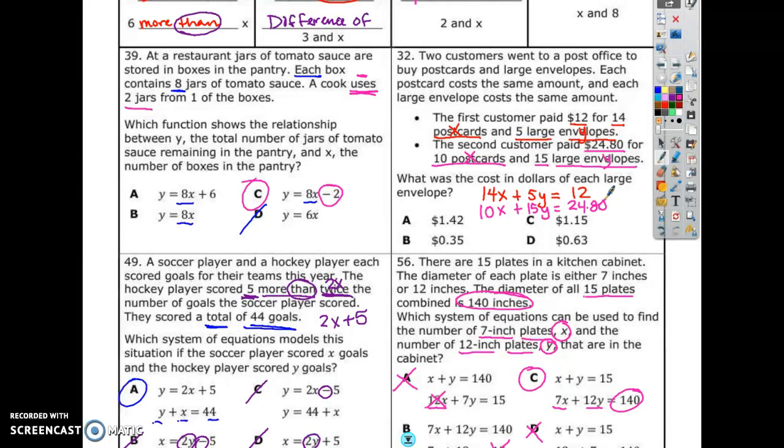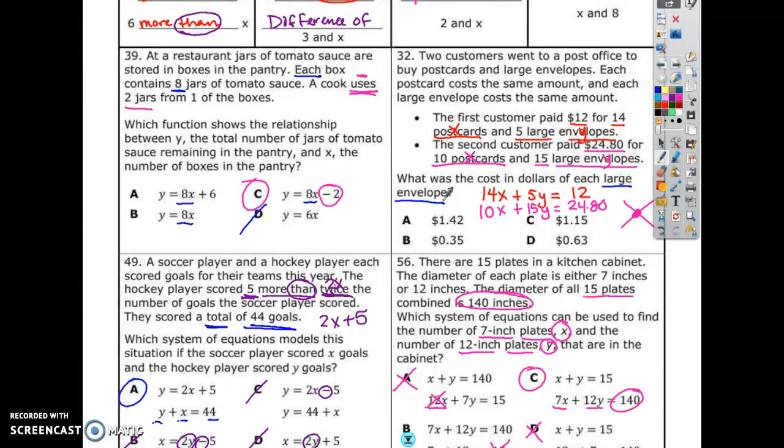Once we have the equations, we can graph them in Desmos and see where they cross. The question is asking for the cost of each large envelope.